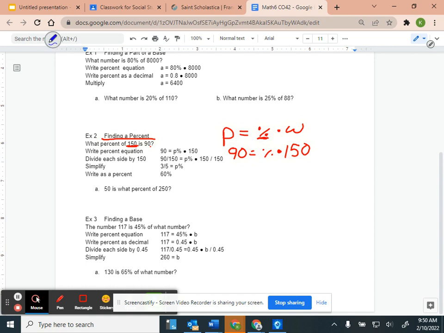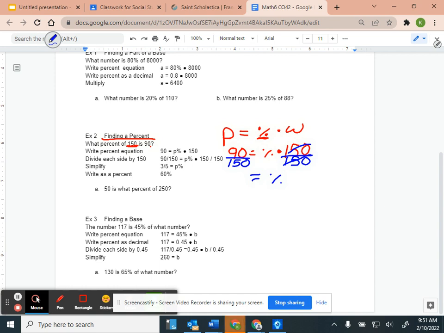This is that algebra that we did the last unit. If we want to get that variable by itself, you have to divide. If we were multiplying, now we have to divide. So now my percent is by itself because 150 divided by 150 is 1. Now we need to say 90 divided by 150.